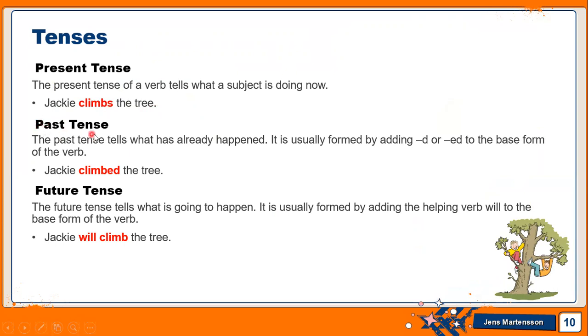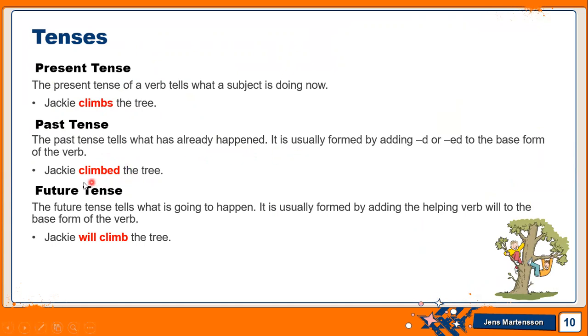However, the past tense, like Jackie climbed the tree yesterday, tells what has already happened before now. Jackie climbed the tree yesterday and he finished that action, and today is a new day and this action is no longer happening. So it happened before, in the past.